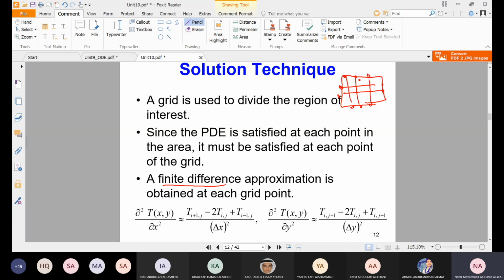You can see the step size here is delta y and the step size here is delta x. To simplify the solution, we can assume delta x equals delta y and both equal h. So this will simplify the solution. After that, we can combine them. That means we multiply both sides by h squared to eliminate the denominators from both equations.